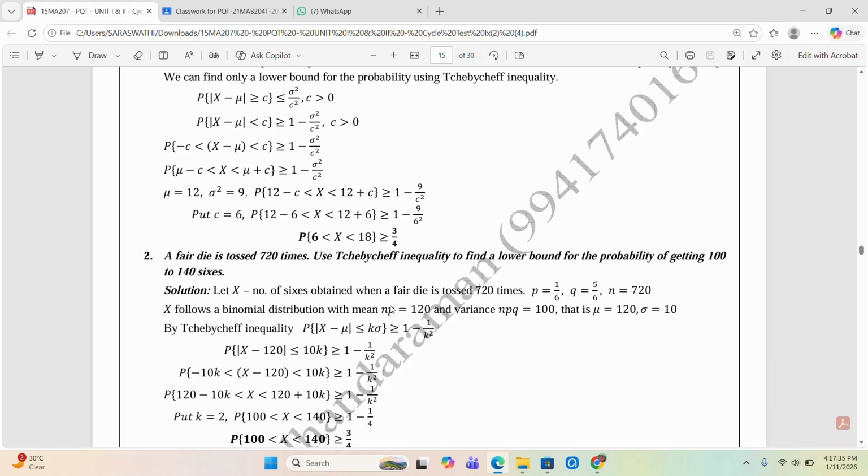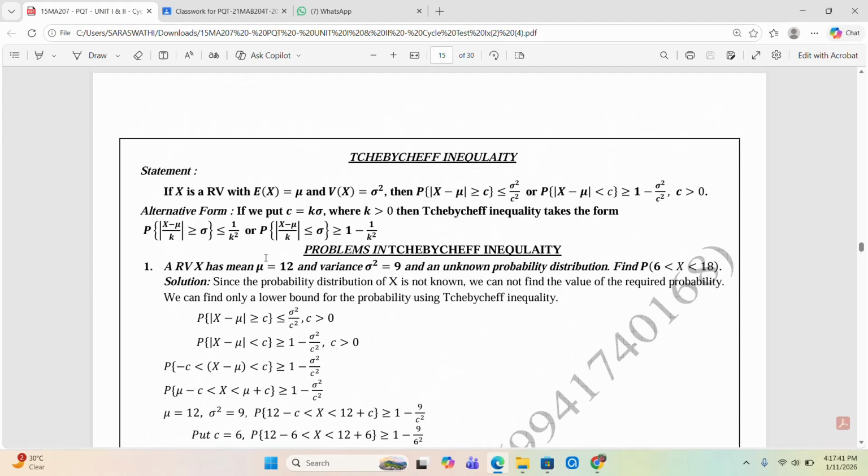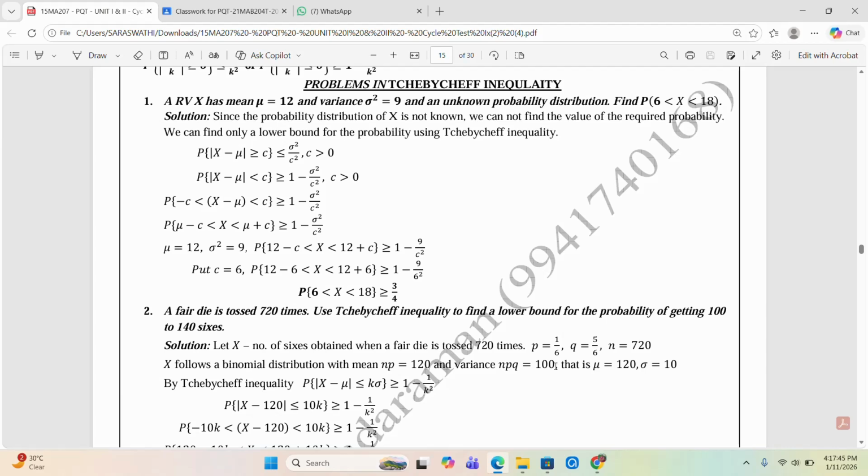The mean is equal to np, and therefore we have to take the value of mu as the mean, hence mu is equal to 120. And also sigma, which is nothing but the standard deviation, the square root of variance, therefore sigma is equal to 10.